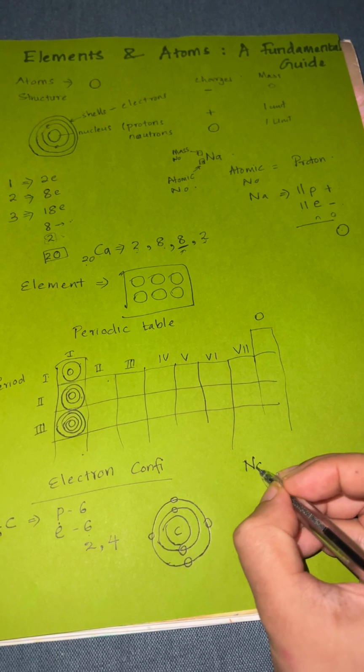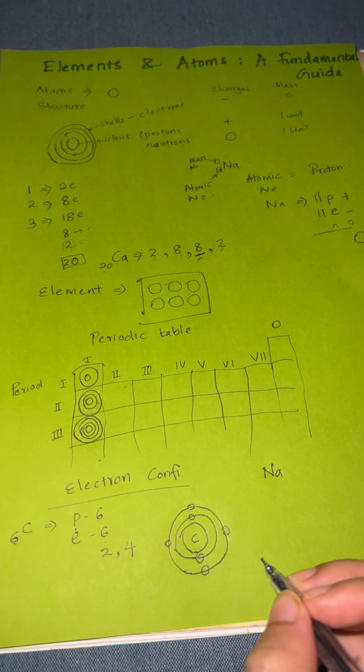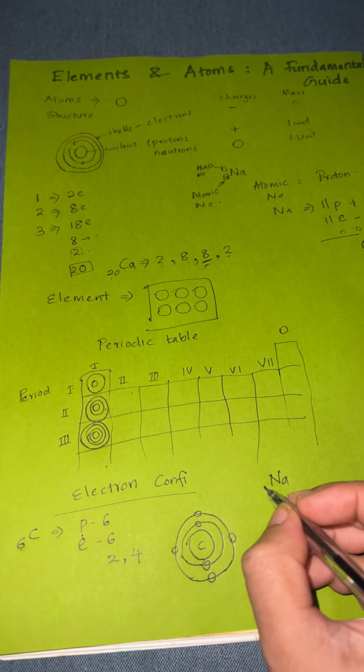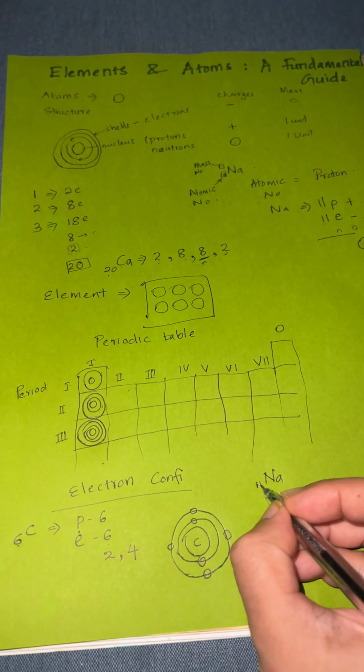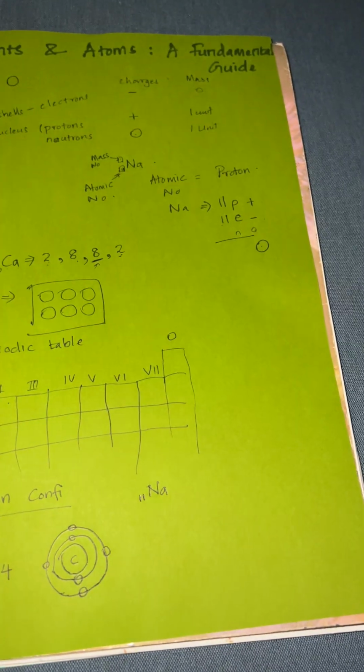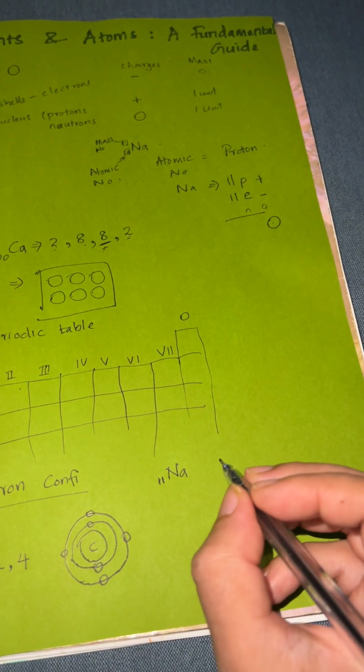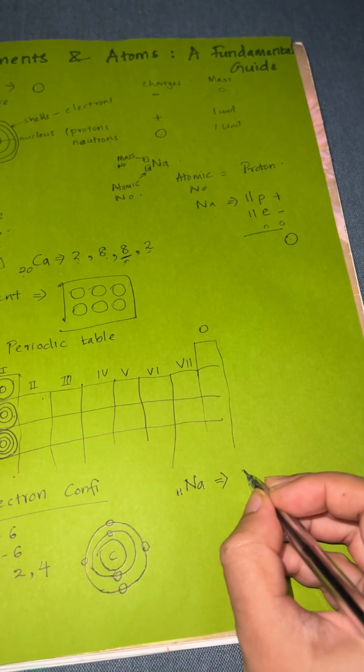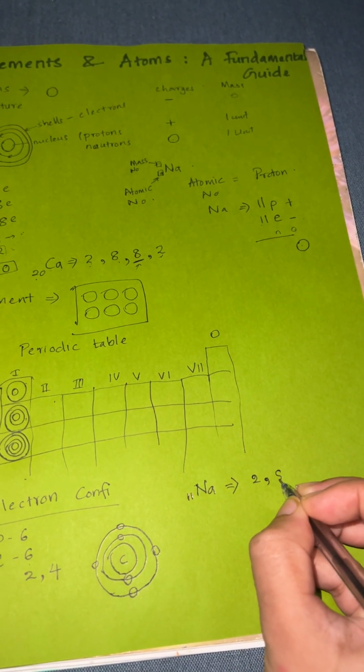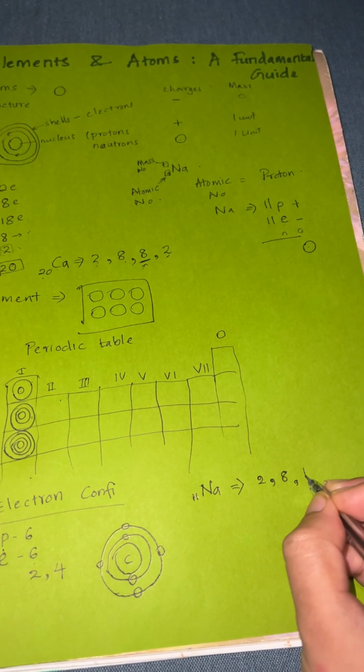Now let's consider another example, sodium, the symbol is Na. For sodium, the atomic number is 11. The first shell can hold up to 2, the second can hold up to 8, and so there is 1 more.